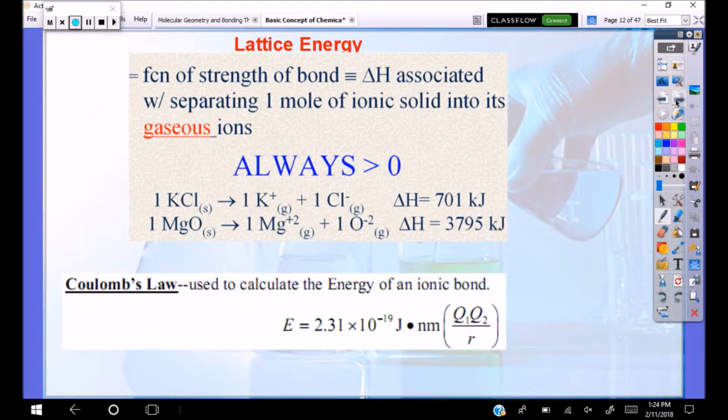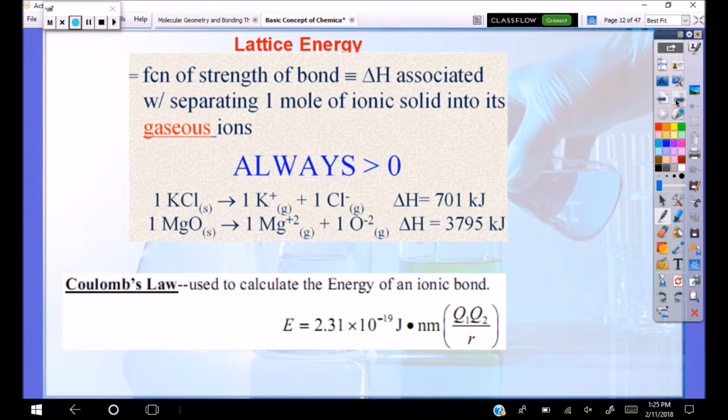Okay, lattice energy. Lattice energy is the amount of energy it takes to separate a mole of an ionic solid into its gaseous ions. So if we look at potassium chloride, and we wanted to separate a solid potassium chloride crystal into K plus and Cl minus, the energy associated with that would be the lattice energy.